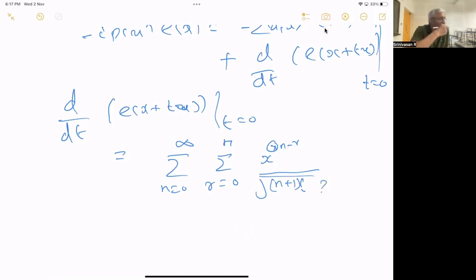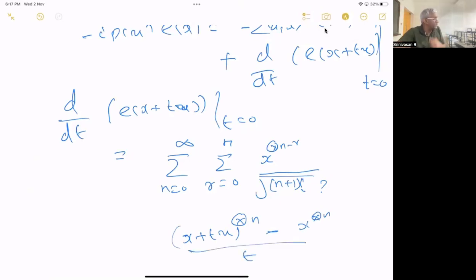I think it is n plus 1 factorial, right? Because you will take x plus tu tensor n and you are expanding that. We did this last time, okay? x plus tu tensor n minus x tensor n. That is how you differentiate. Then you divide it by t and take the limit t going to 0.